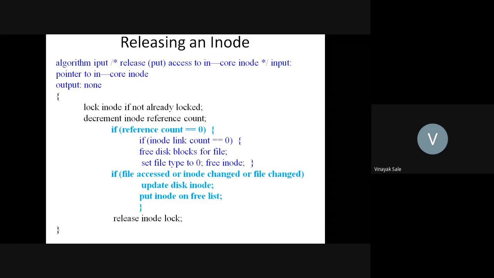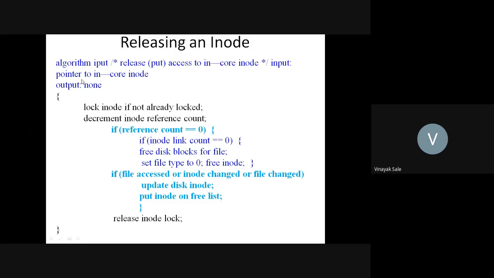So this is the algorithm for releasing an inode. The previous algorithm is the IGET algorithm, which is the allocation of an inode. Here the algorithm is releasing an inode. The input for this algorithm is the in-core inode to be released.